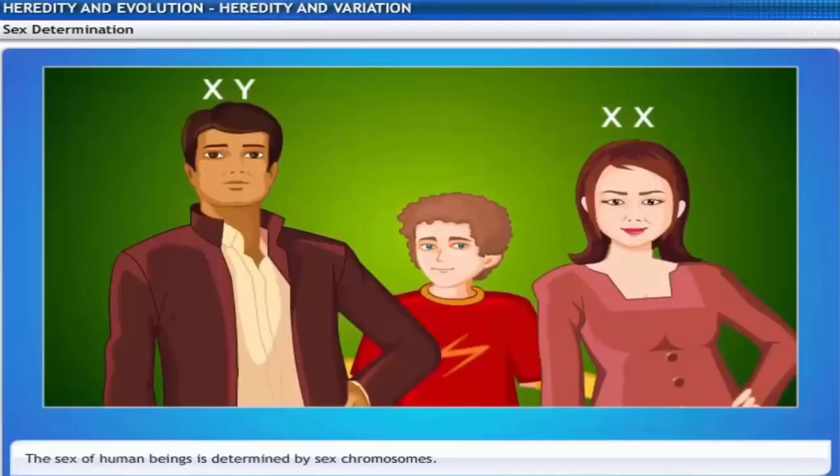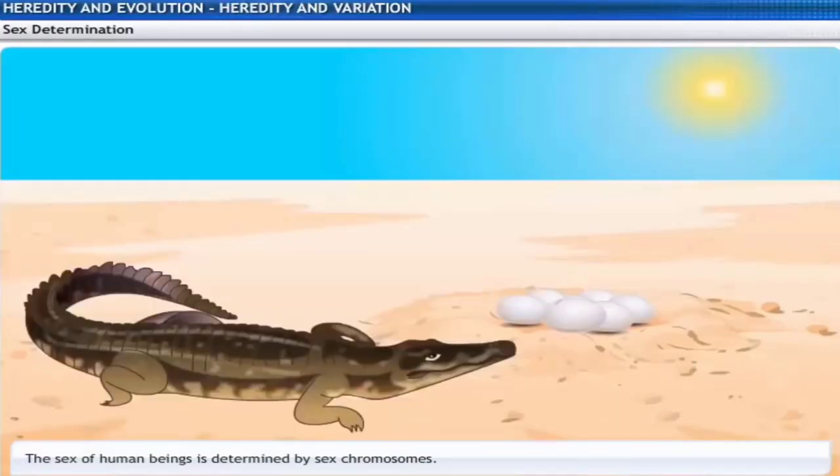The sex of human beings is determined by the sex chromosome. In some animals like crocodiles, the temperature at which fertilized eggs are kept determines whether the animals developing in the eggs will be male or female.